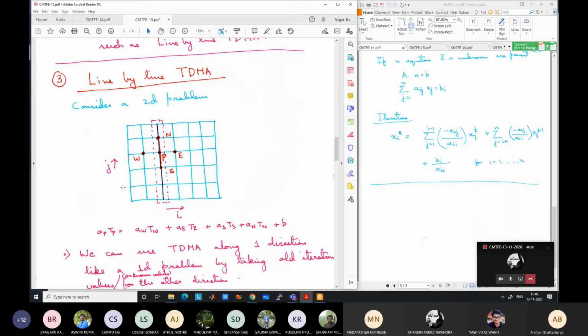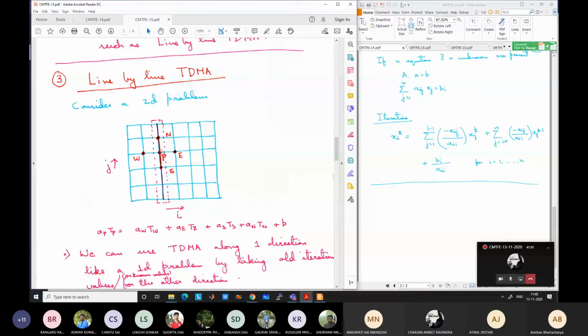You have a progression along the x direction where each grid point is given by an increase in I, starting from I equal to 1, 2, 3, 4, 5. Along the y direction the progression is given by an increase in the index j: j equal to 1, 2, 3. So any point can be located in terms of its I and j value, for example I equal to 5, j equal to 5.